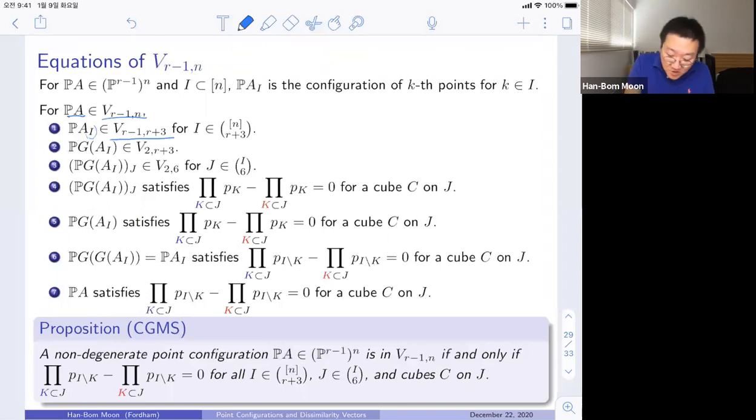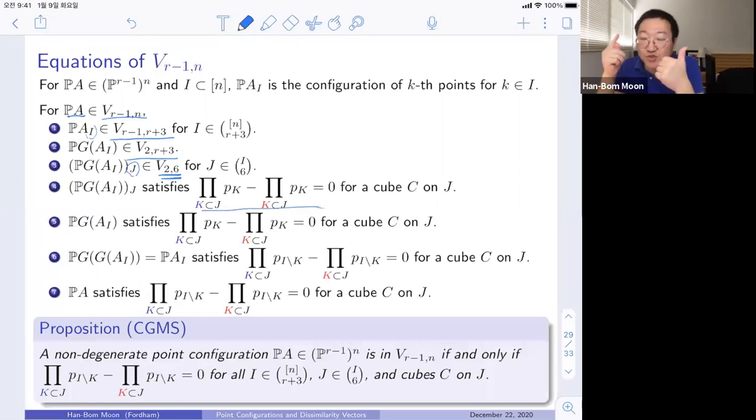Take the Gale transform. Then it is again a rational normal curve, but by the numerical range, this is in a rational normal curve in two-dimensional projective space, which is a cone. We further restrict the point configuration by taking a sub index set J. Then this is in V_{2,6}, and we already know that for V_{2,6} the defining equation is of this form.